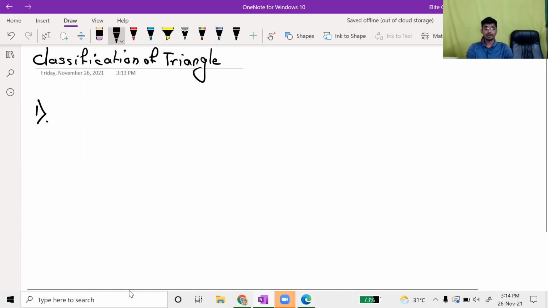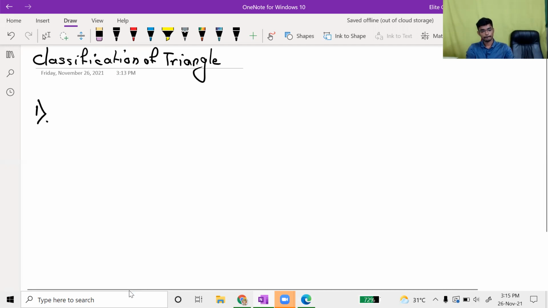In a scalene triangle, all the sides are different. I will give you time to write everything. The fourth one is the acute angle triangle, whose angles are all below 90 degree.